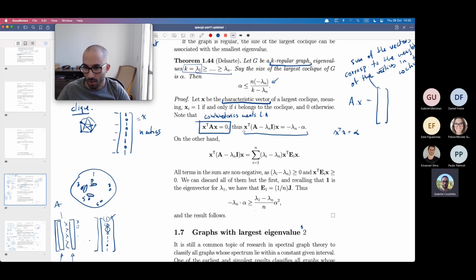On the other hand, I can rewrite this product by expanding and obtaining the spectral decomposition of this matrix. The spectral decomposition of this matrix is the spectral decomposition of A with the same eigenspaces, however with each one of the eigenvalues subtracted by lambda n.